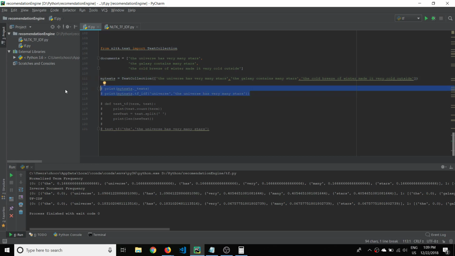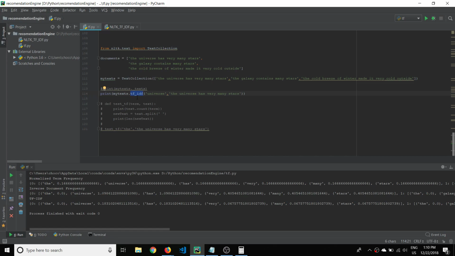Then I wanted to see, we don't need to print the texts here, but if we take mytext.tf_idf, which is the function, I'm going to go through and show where this source code comes from. It was helpful for me to see it, because I had to make a slight alteration, and I found the issue on GitHub. I'll go through that as well.